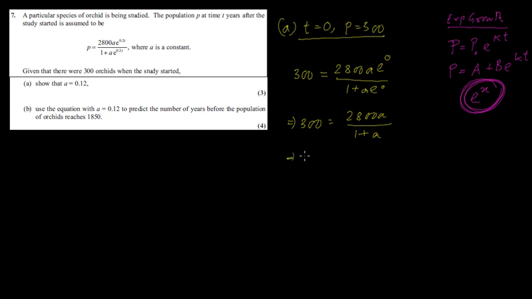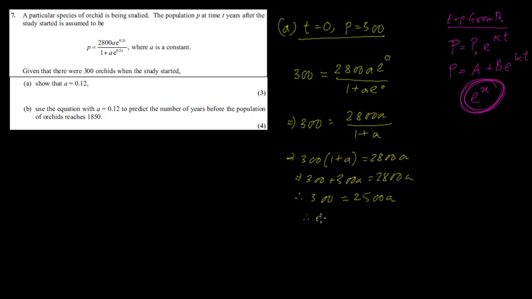So if we simplify this, multiply 300 with 1 plus a, and you have 2800a. So 300 plus 300a equals to 2800a, so therefore 300 equals to 2800a minus 300a, it's going to be 2500a.